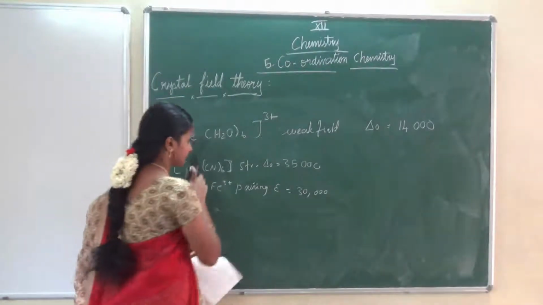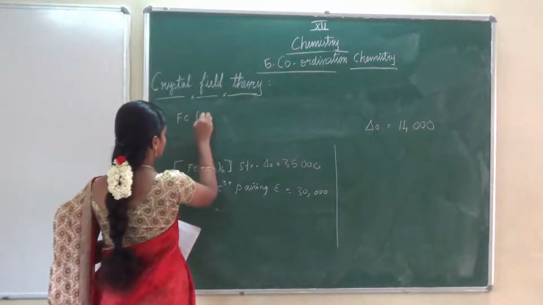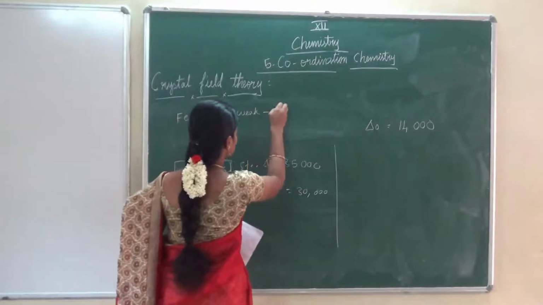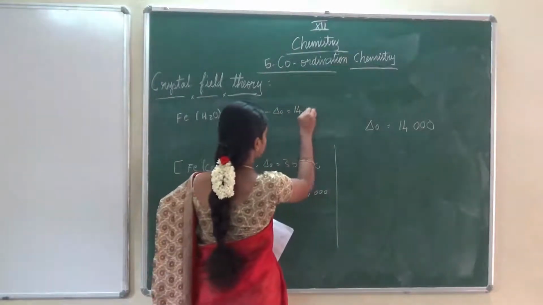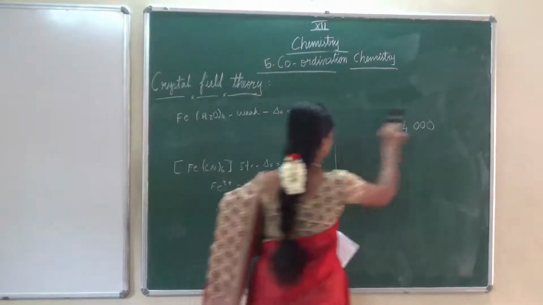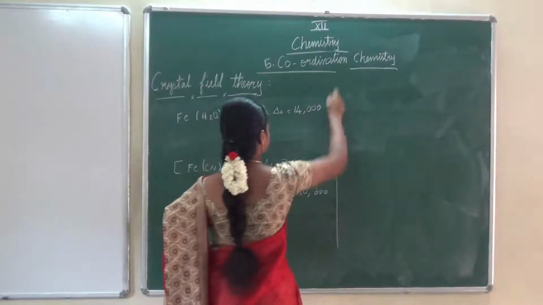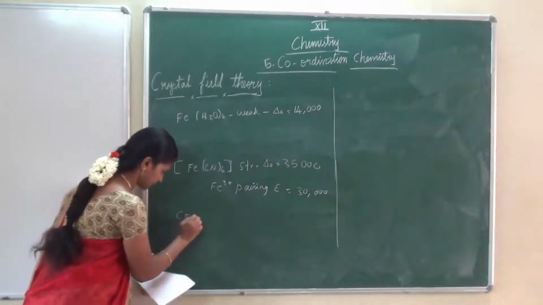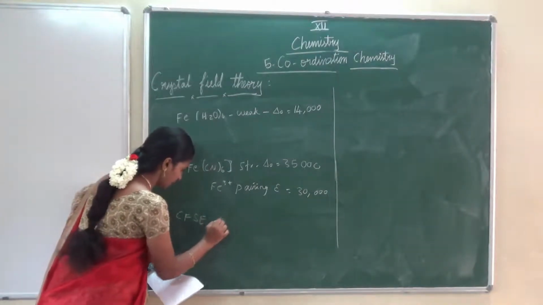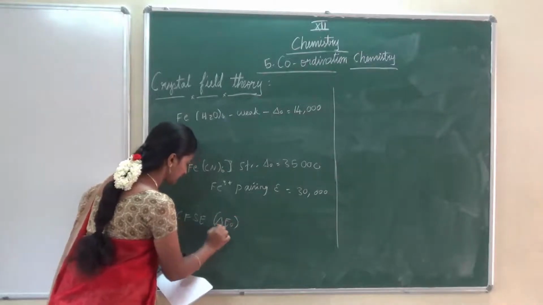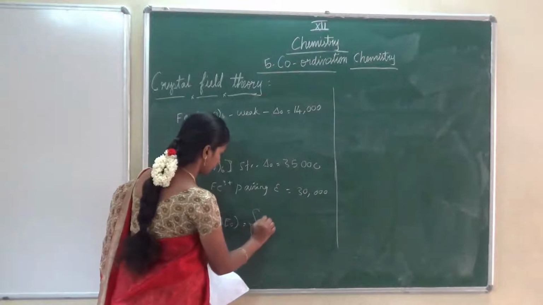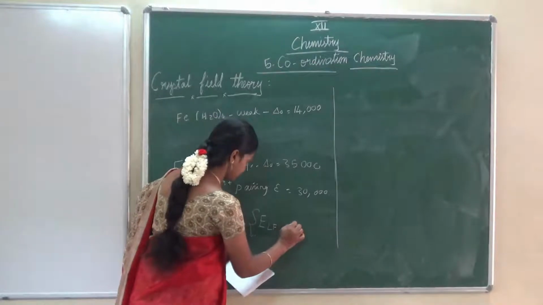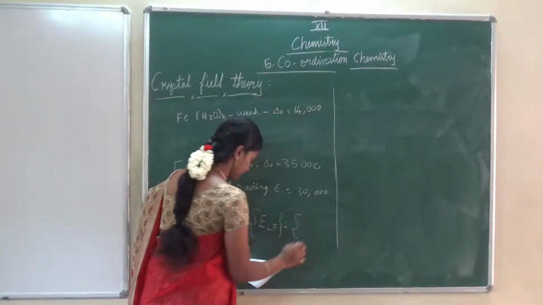The formula goes like this. Crystal field stabilization energy, del E naught, is equal to ligand field energy minus isotropic field energy.